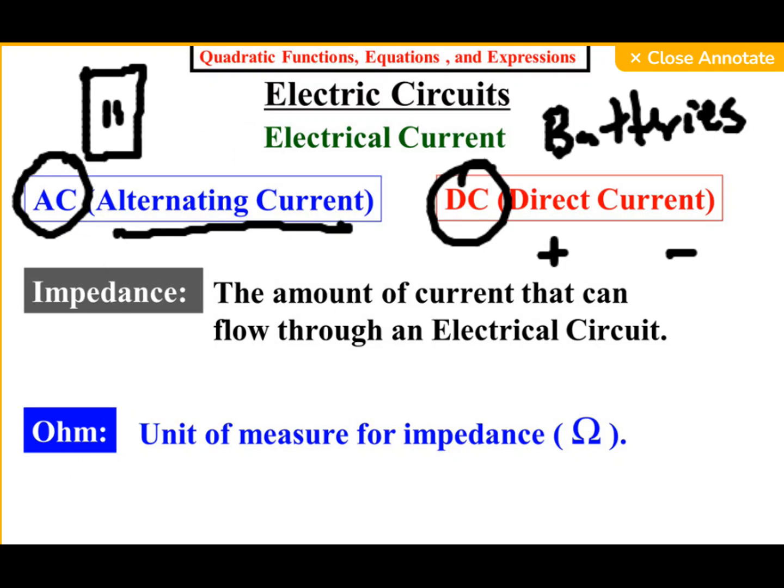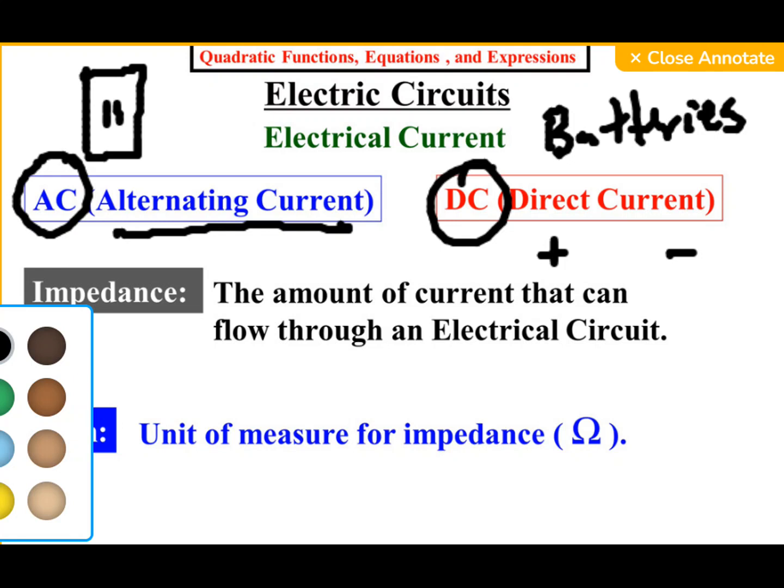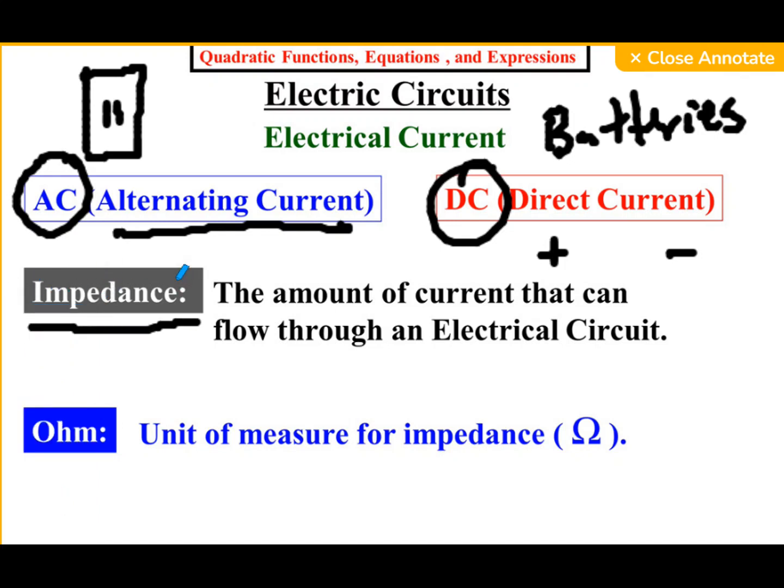Now, all that current is measured as to how much current can go through a particular component by something that we call impedance. The easy way I can put that is if I was to show you the entrance door to my classroom, room 106, and you look at the frame of that door, how many people do you think can get in at once?